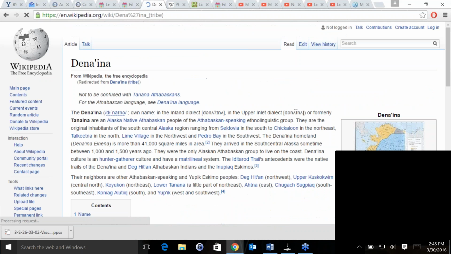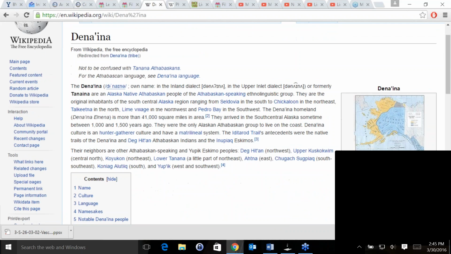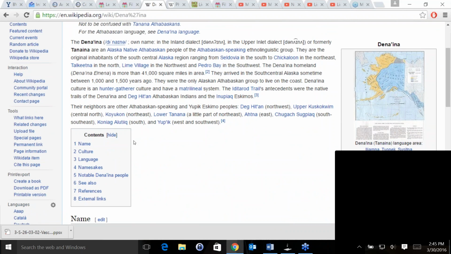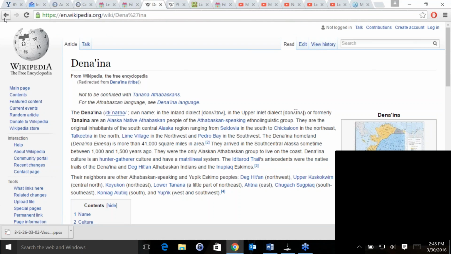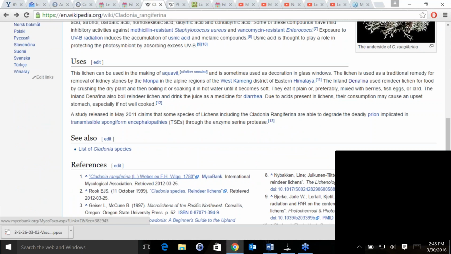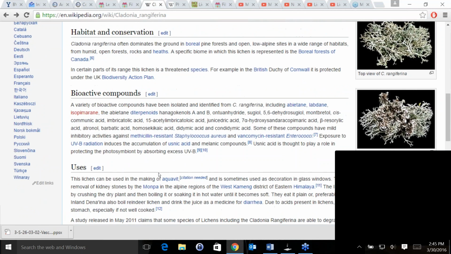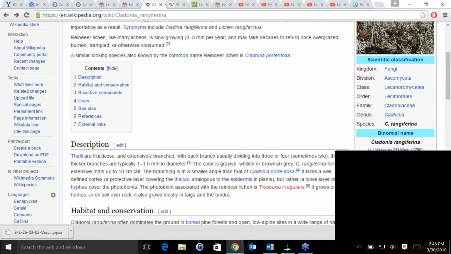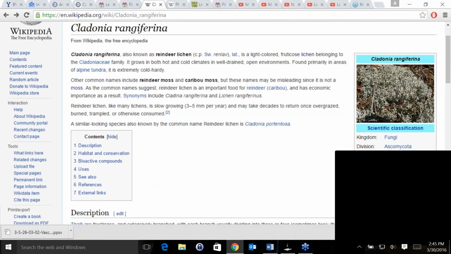Let's see who these people are. Okay, in Alaska. So it's a group of native Alaskans that eat reindeer moss. That is a lichen, actually. Well, I guess if you are in Alaska, you would probably try a lot of things that most people wouldn't want to try.